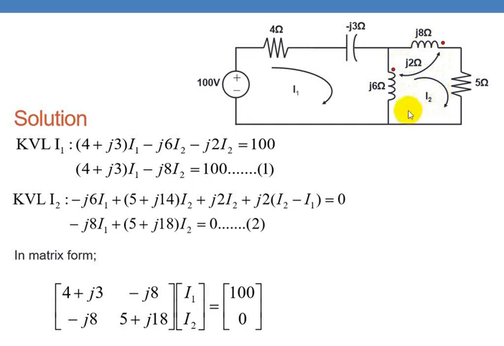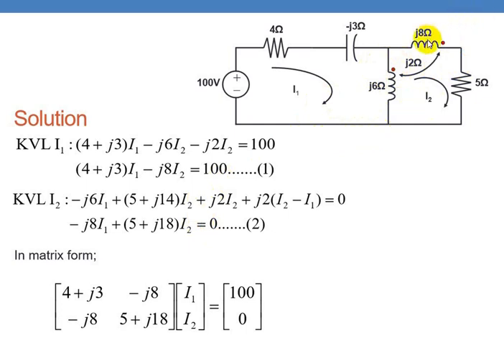This I2 current is coming out from the dotted terminal, and here also it is coming out from the dotted terminal. Therefore, you have to write plus sign here. While writing the equation for the second mesh, it will be I2 minus I1, and I2 is considered as positive current.